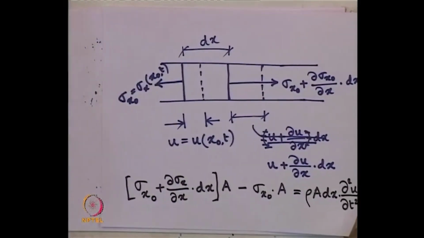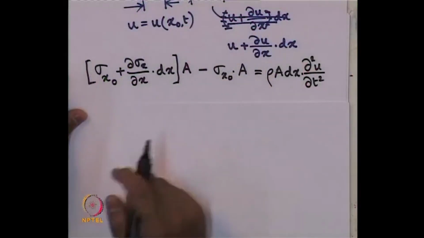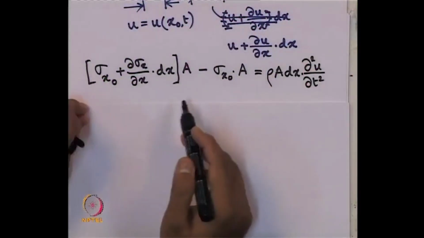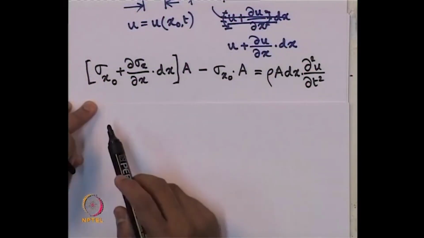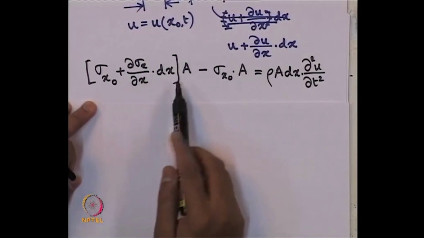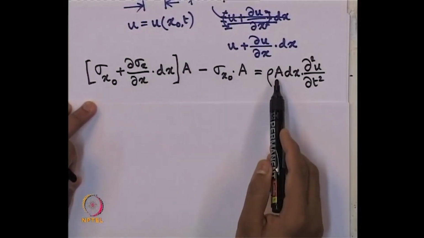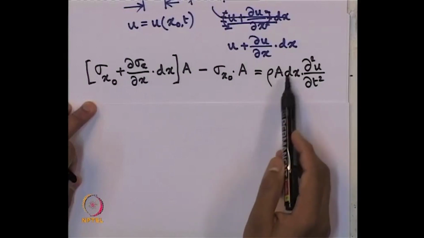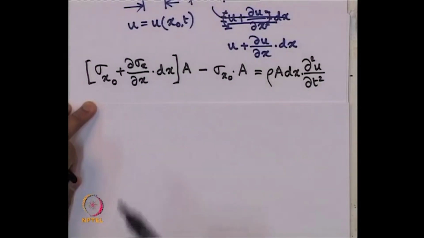This will give us, by solving, if I keep the previous equation here, so that it is visible. Now, let me solve this one. This gets cancelled. Now, area of cross section is non-zero, dx is non-zero. So, A dx gets cancelled.